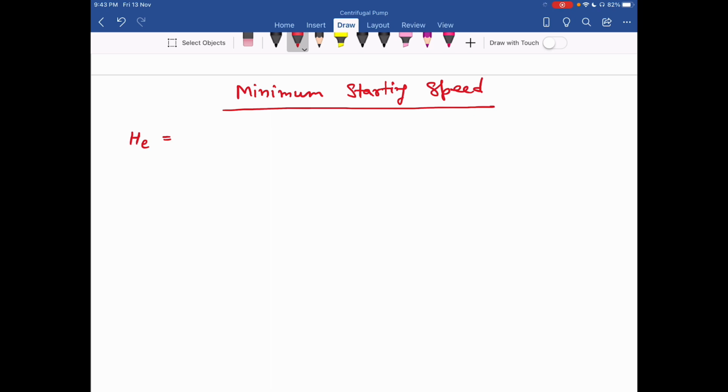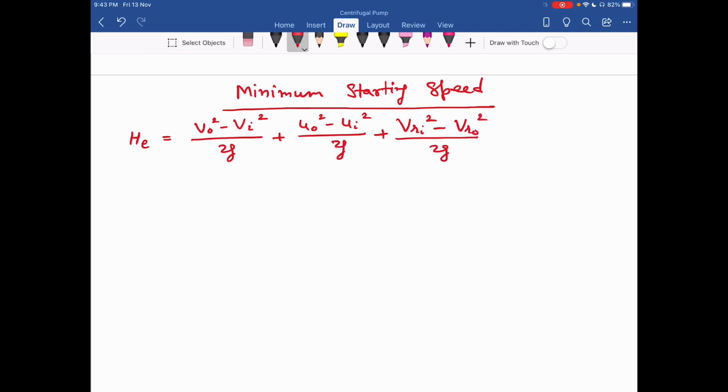So we can write it as Vo square minus Vi square divided by 2g, plus Uo square minus Ui square divided by 2g, plus Vri square minus Vro square divided by 2g.